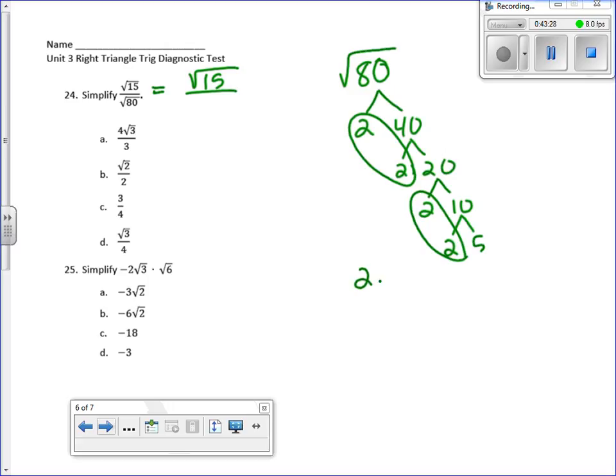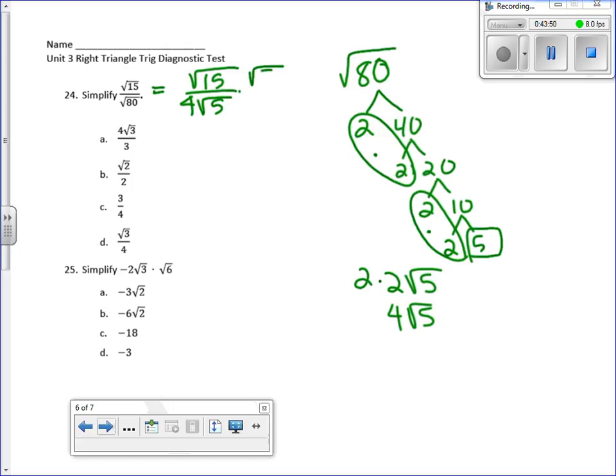So I'd write 2 for this pair right here, and then another 2 for this pair right here. And then I have a 5 left by itself. It goes in the radical. So this would give us 4 radical 5. So I can write this as 4 square roots of 5, and then we can rationalize the denominator.